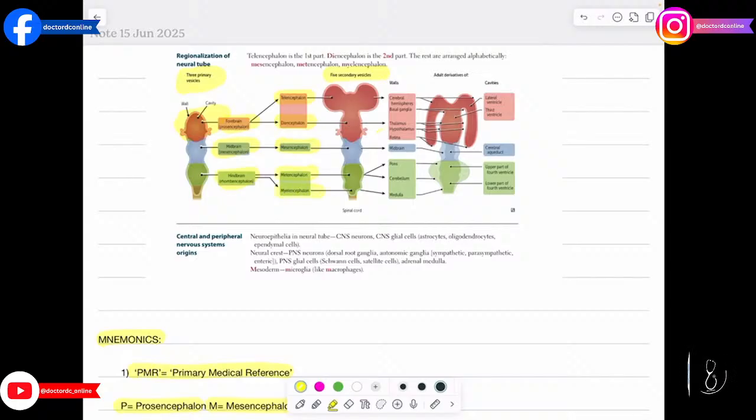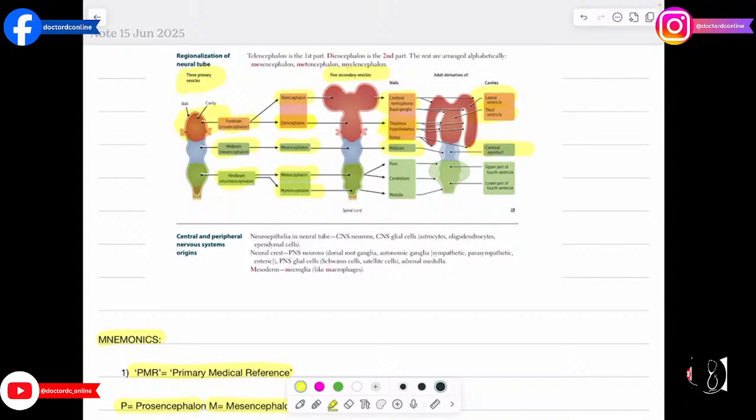The prosencephalon, the forebrain, divides into telencephalon and diencephalon, while the mesencephalon stays as the mesencephalon, and the rhombencephalon divides into metencephalon and myelencephalon. The telencephalon forms the cerebral hemispheres, cortex and basal ganglia, and the cavity is the lateral ventricle, while the diencephalon forms the thalamus, hypothalamus and retina, and the cavity is the third ventricle.